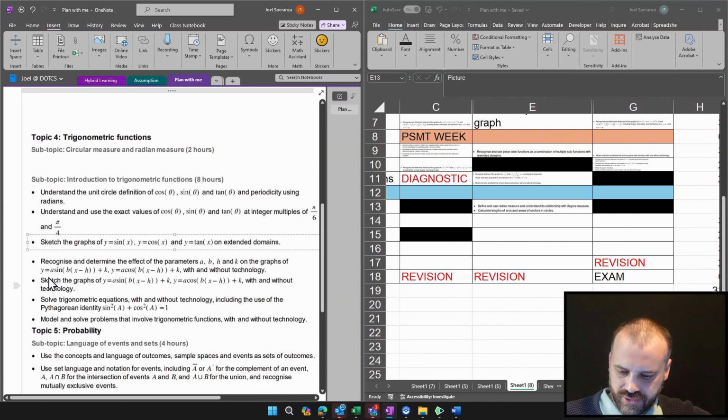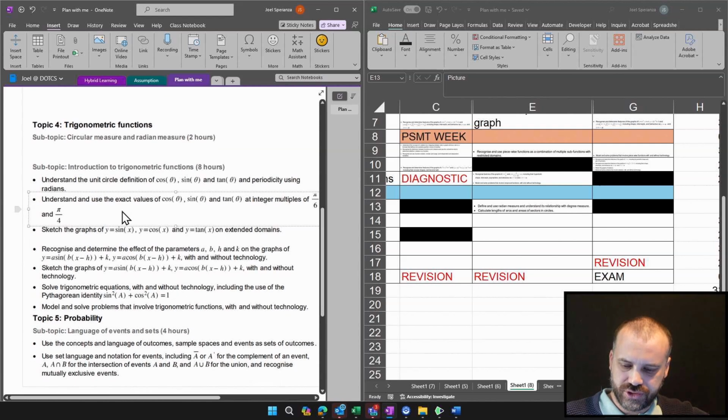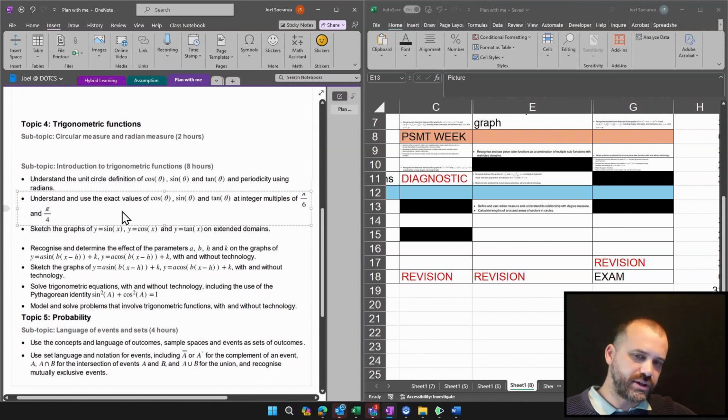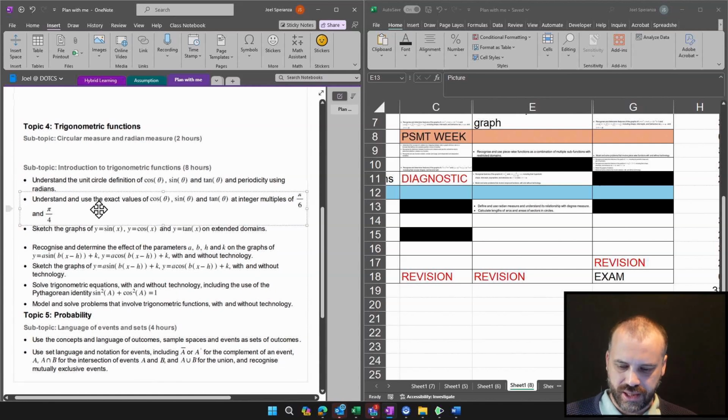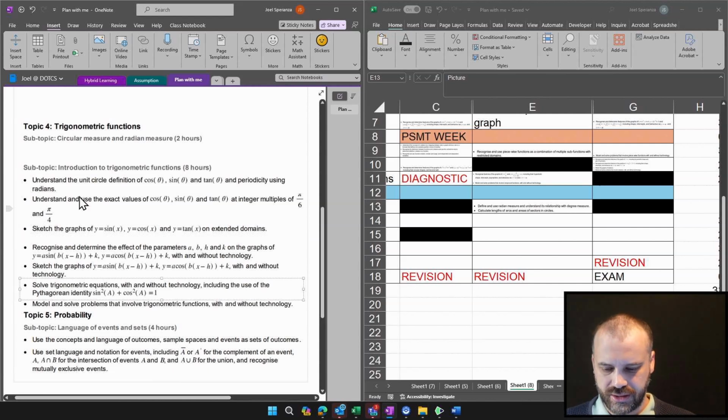Sketch graphs, recognize, sketch, solve. Okay. Interesting. There's a lot of different versions of this that you can go with, but I am going to approach this maybe in this order.